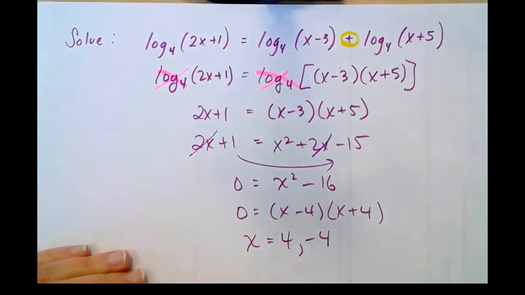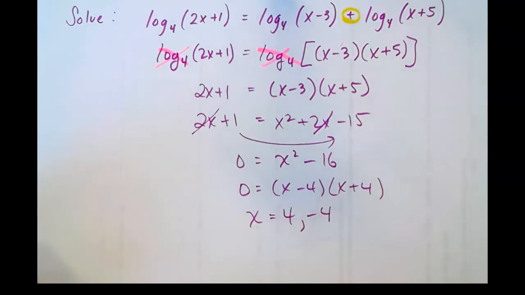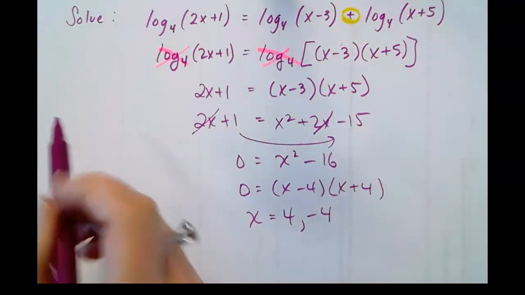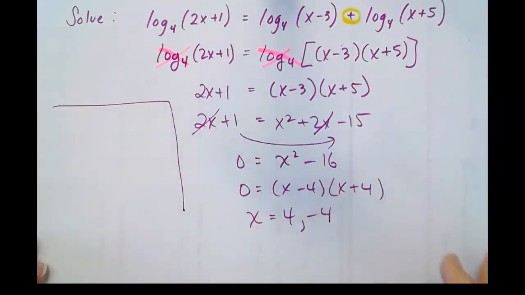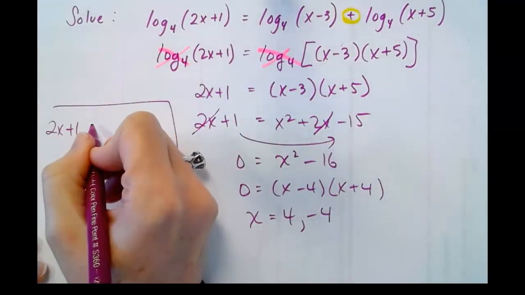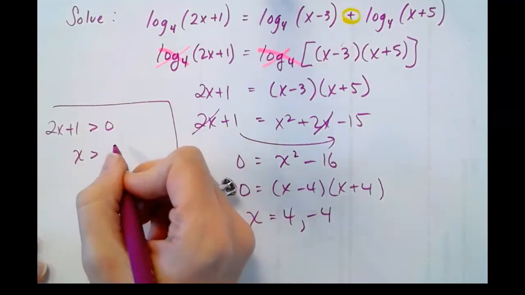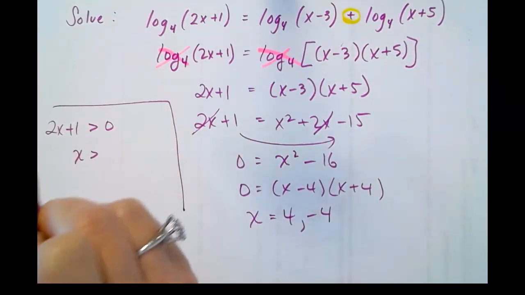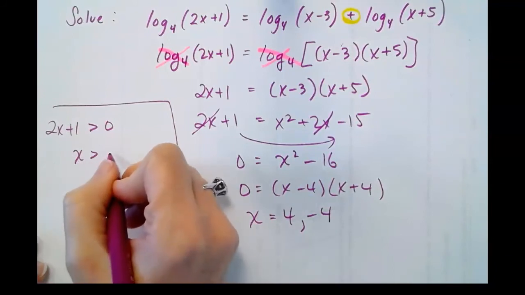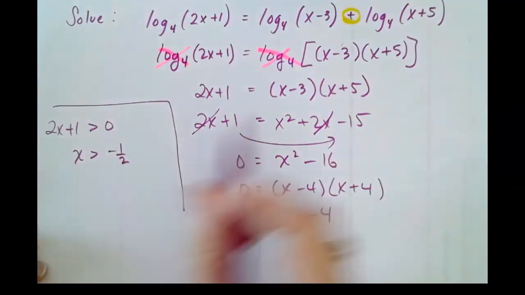But don't stop there. Be sure to check the validity of your answers and be certain that they exist within the domain restrictions of this function. So, if 2x plus 1 must be strictly greater than 0, then x must be strictly greater than negative 1/2.